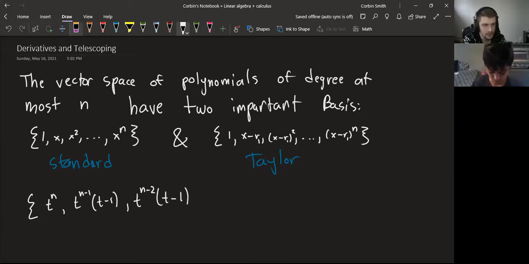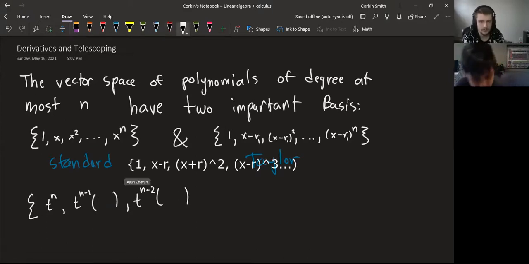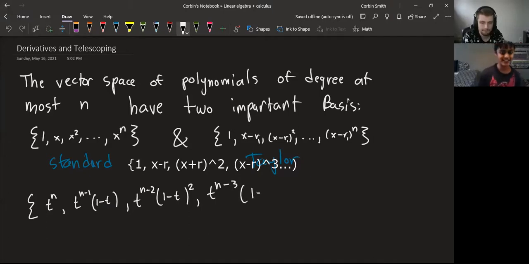Oh, wait, this should be 1 minus t. Sorry. Other way around. You see what I have on screen? Is that a basis for an infinite dimensional vector space? No, I accidentally forgot to write the n. It's for a finite dimensional one, but I forgot to write the n.